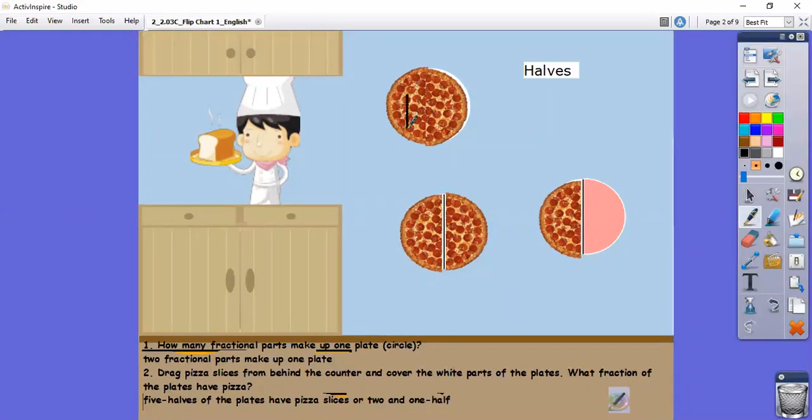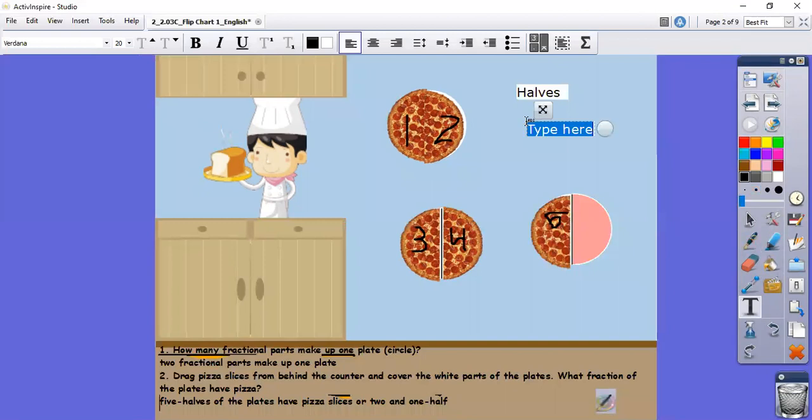So I have 1, 2, 3, 4, 5. This is going to give me 5 halves.